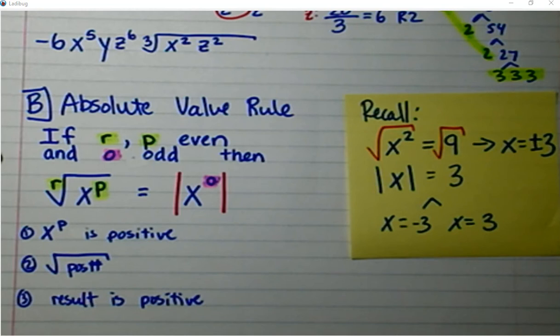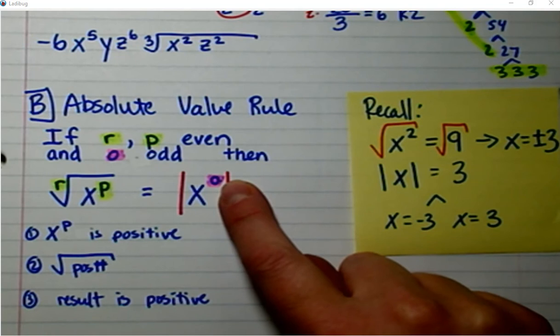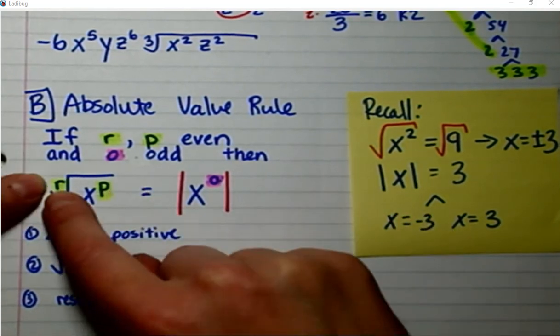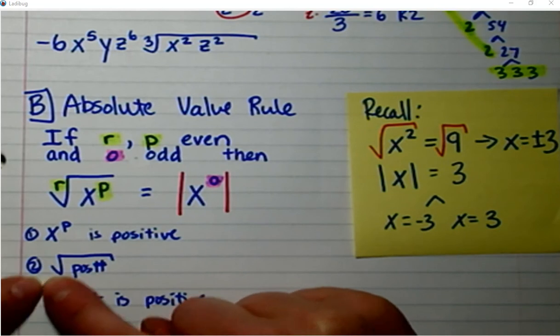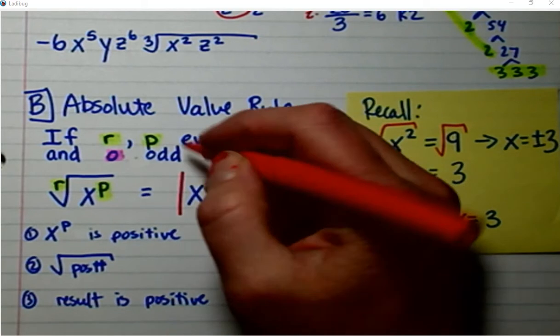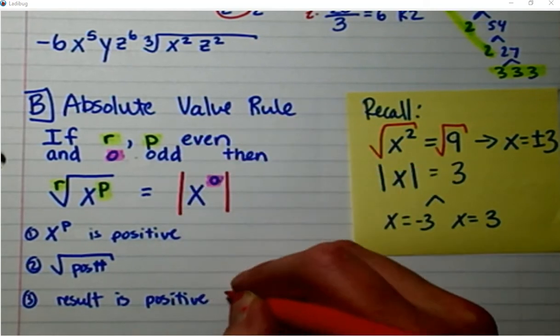-2 to the 5th. Okay, so negative times negative, positive. Negative times negative is positive. -32. That doesn't work. It's the odd exponents that give you a problem with the sign. So if you have an even power and an even root, and the result has to be positive, that's why you get absolute value.